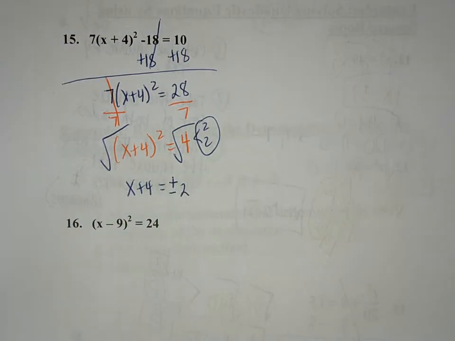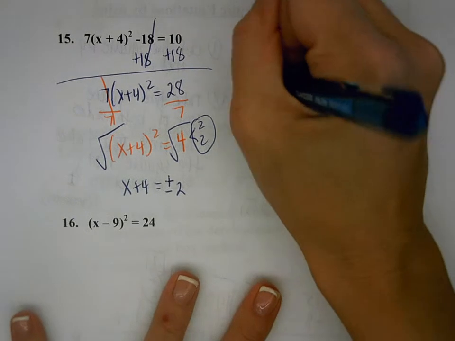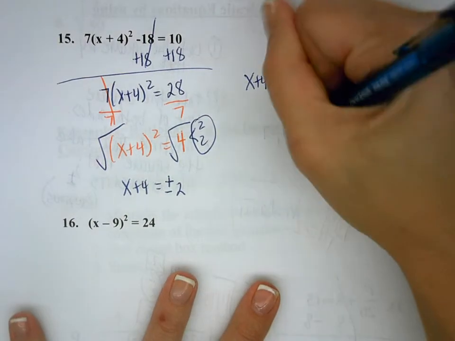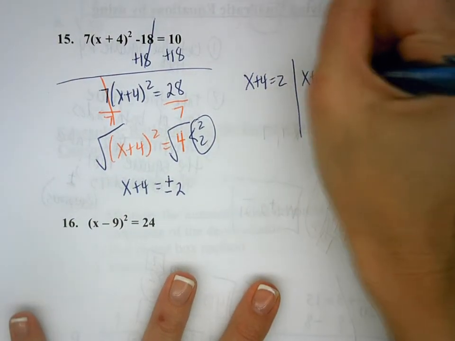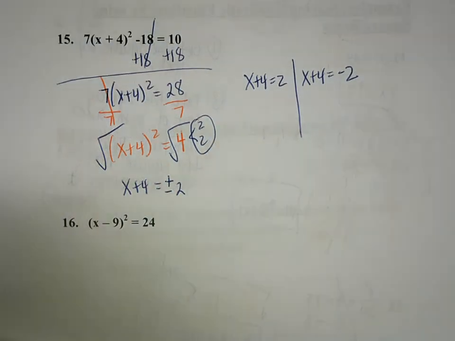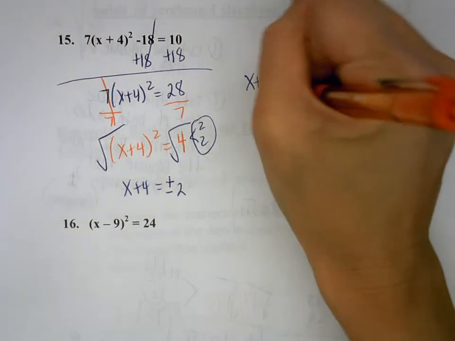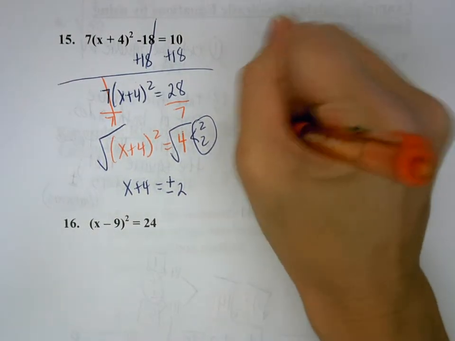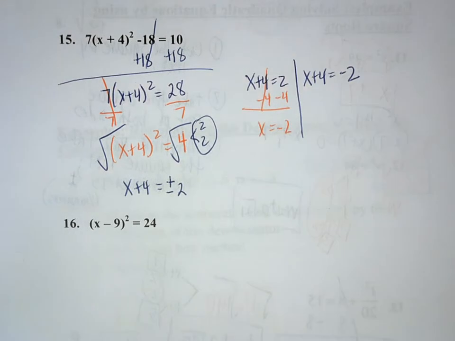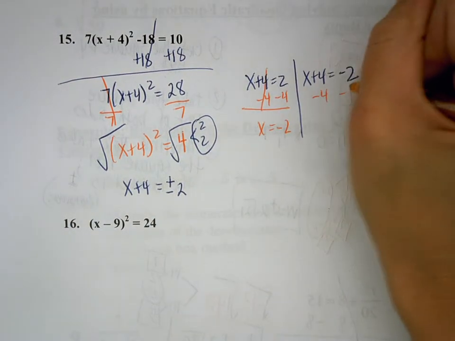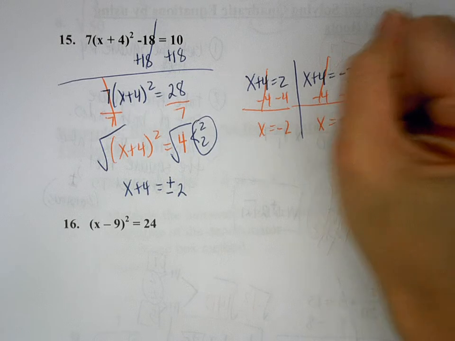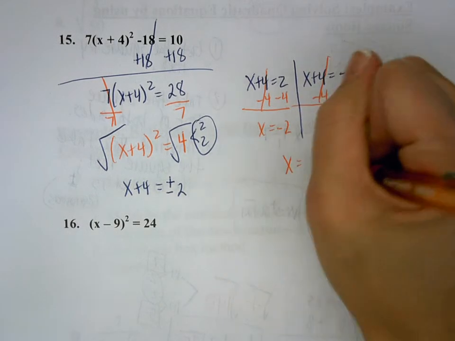You just make 2 equations. Very good. X plus 4 equals 2, and x plus 4 equals negative 2. And we solve. So one answer is x equals negative 2, and the other answer is x equals negative 6. So my answers are negative 2 and negative 6.